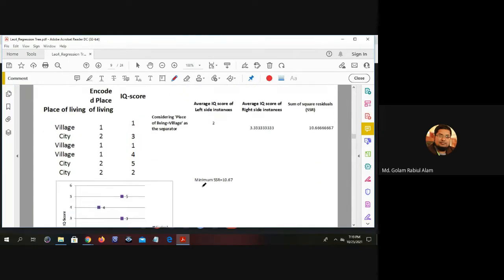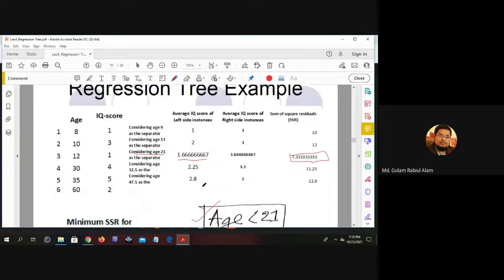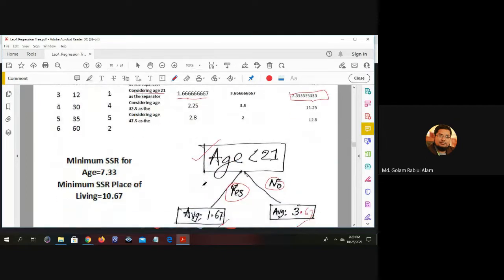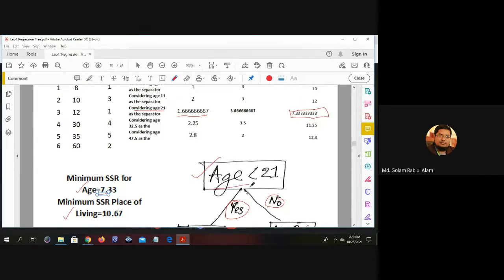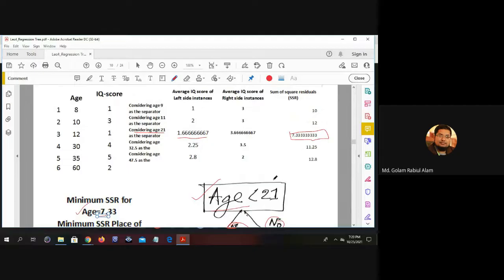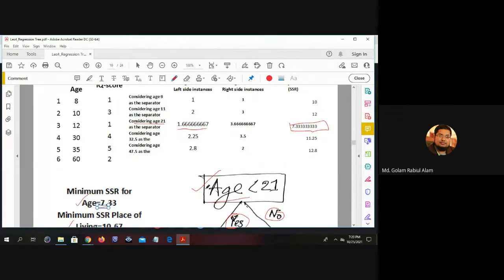So here it is. We have to consider the A's as the separator first. That means in our regression tree you have to consider this. And for which separator? This 7.33 is for the A's less than 21. This is the separator.